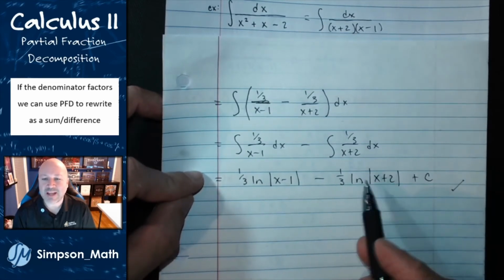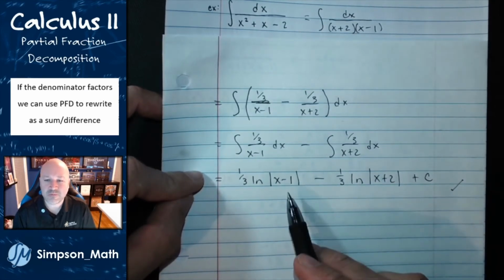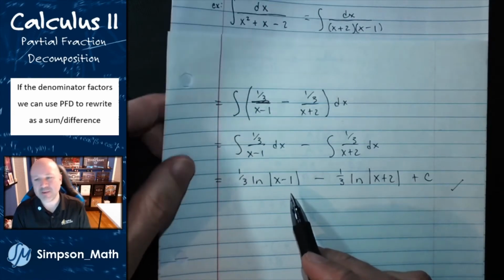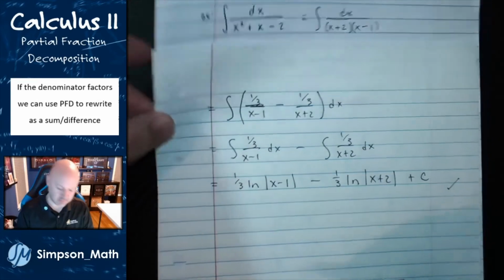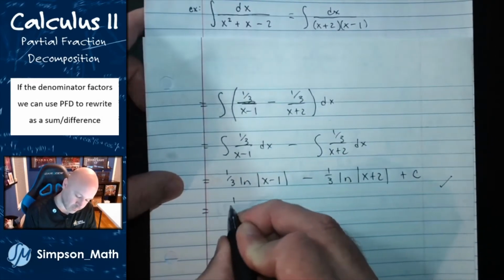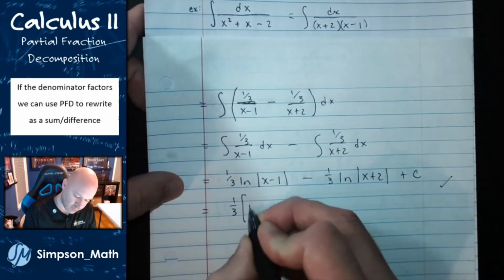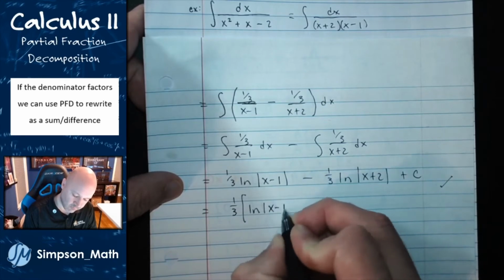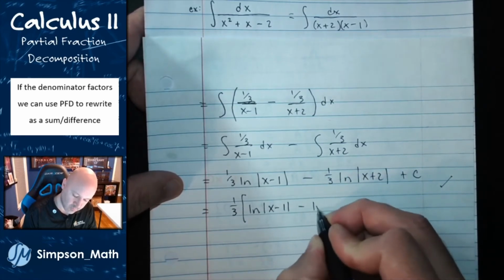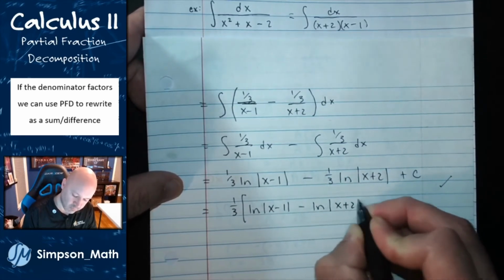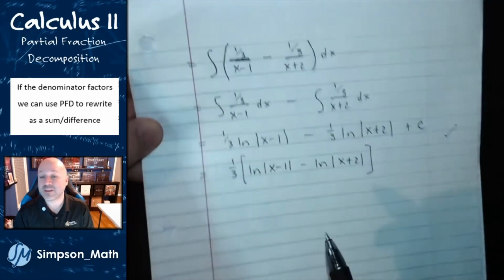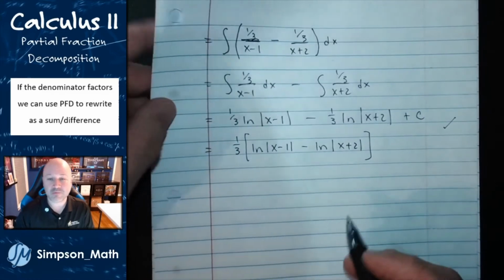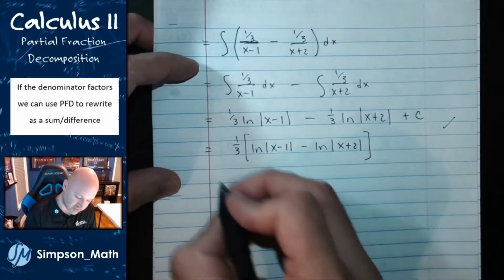Because of the natural logs, we could do some manipulation, maybe simplification. The common 1/3 I can pull out. And if you have the difference of two logs, you could rewrite that as a single log using some division.